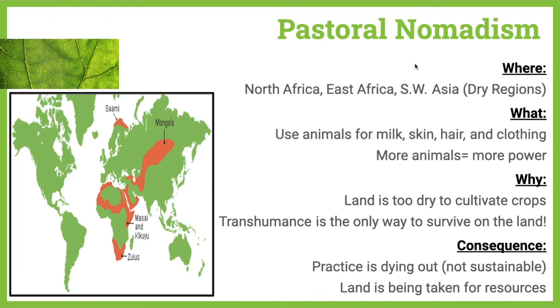Pastoral nomadism is a dependence on herds of animals, okay, using those herds of animals, sometimes through hunting, sometimes not. And remember, this is what we call transhumance migration, when one migrates based on seasonal patterns. Usually this has to do with a herd of animals.